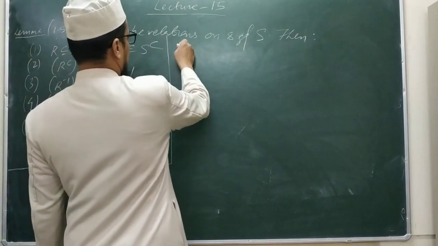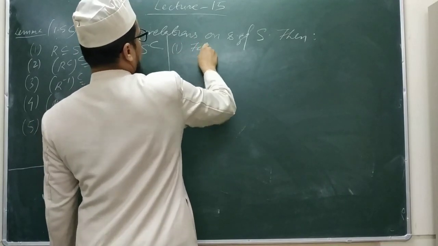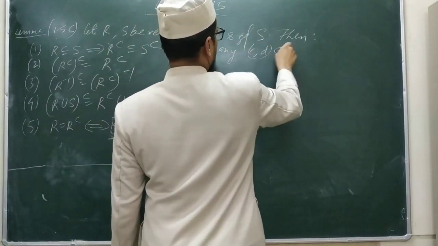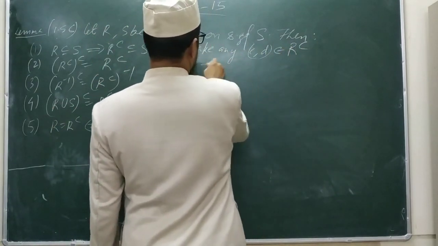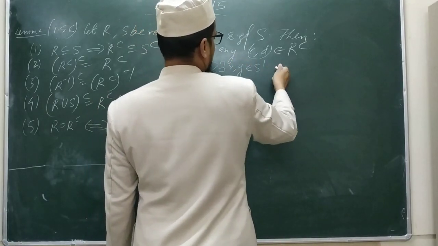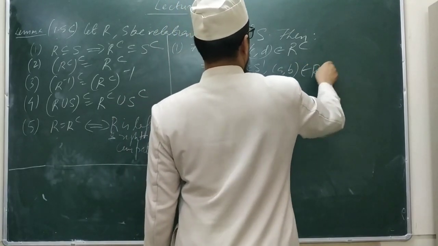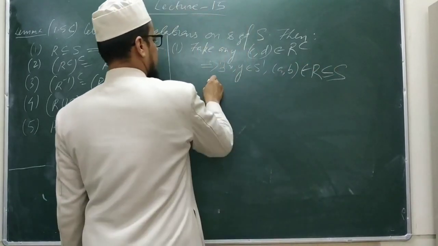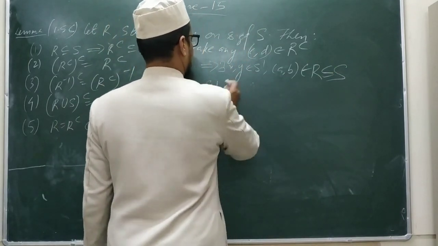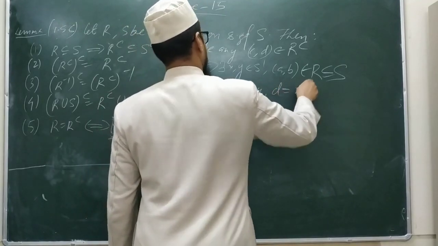Okay. So if you prove the first part, take any C, D belonging to RC. It implies that there exist X, Y belonging to S1 and A, B belonging to R, and of course it goes in S, such that C is equal to XAY and D is equal to XBY.